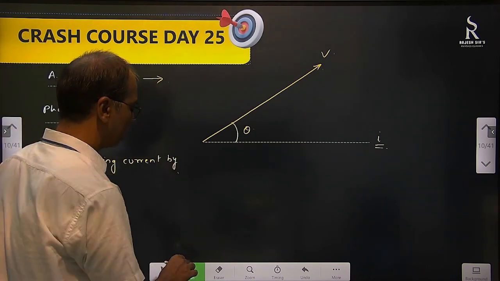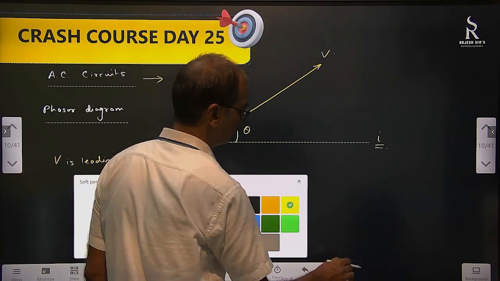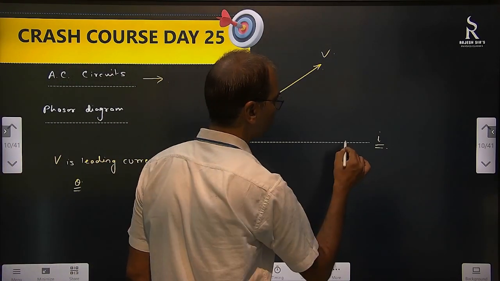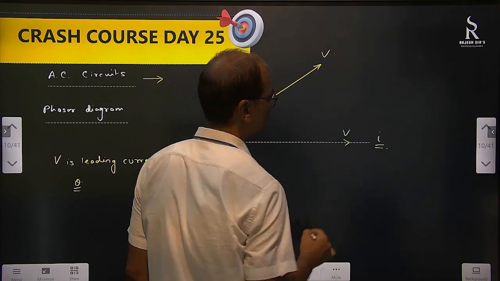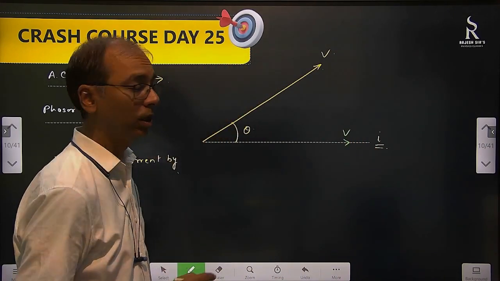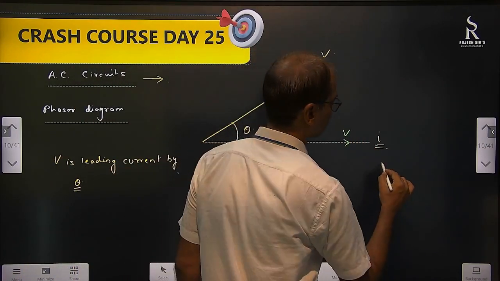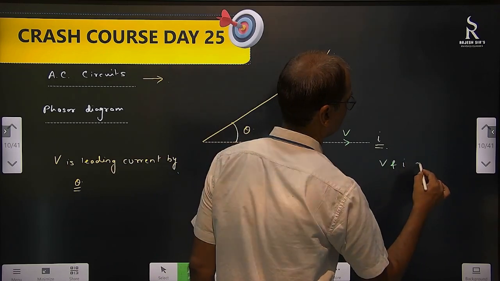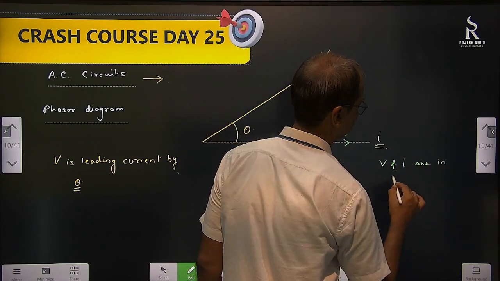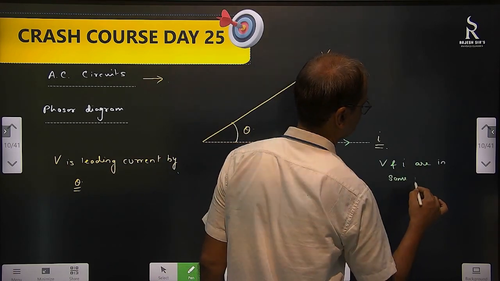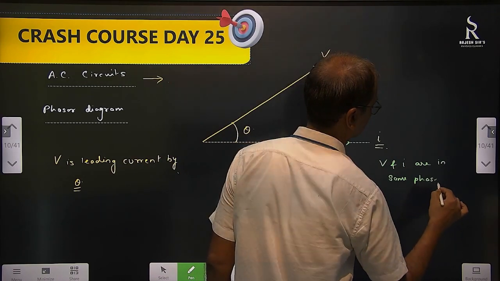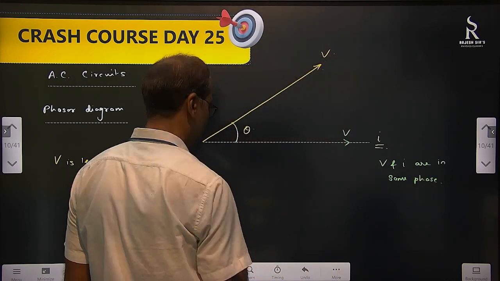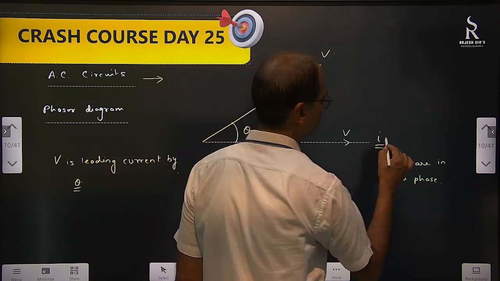But suppose that V and I both are together, V is also here, then we say V and I both are in same phase. Now suppose I is given to us as I naught sine omega t.